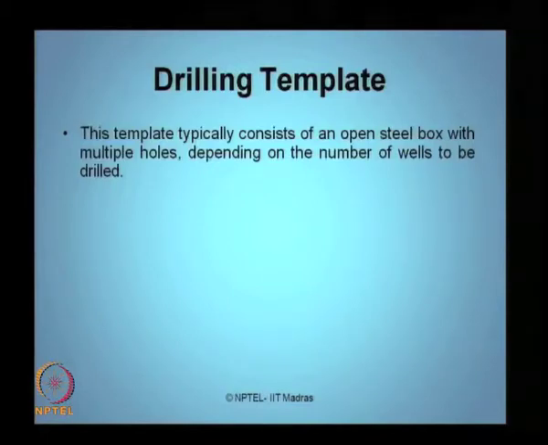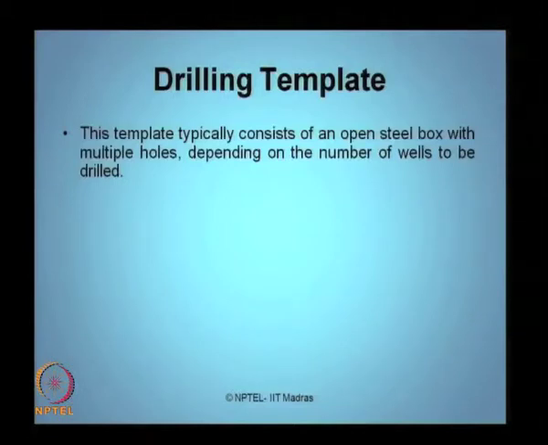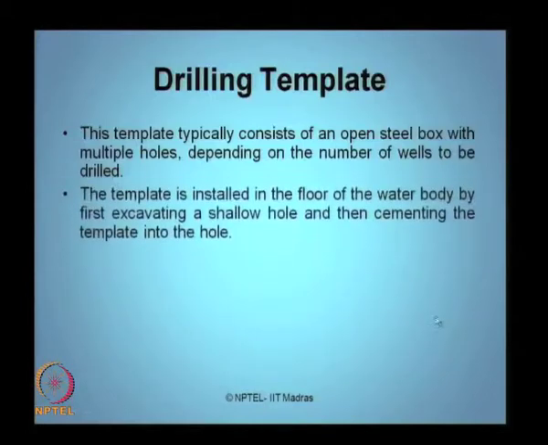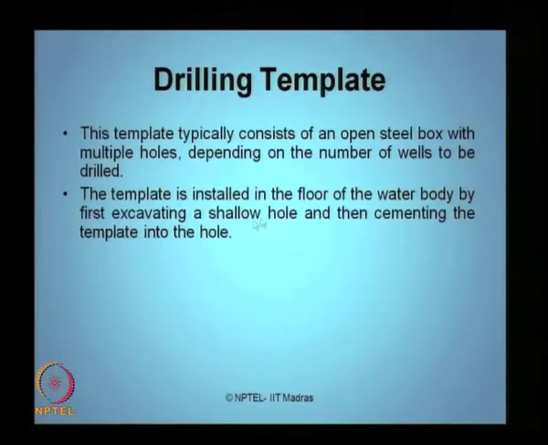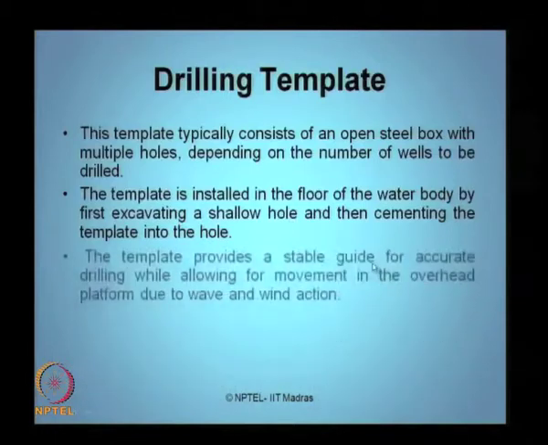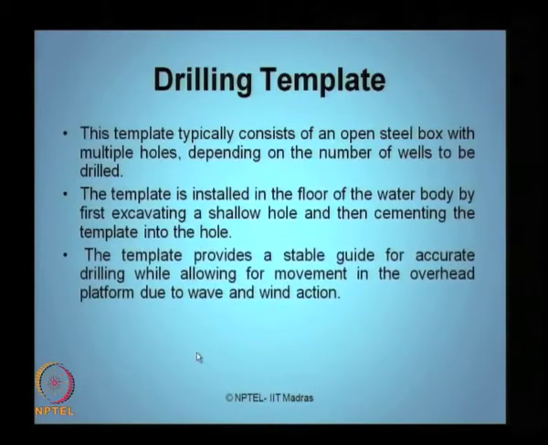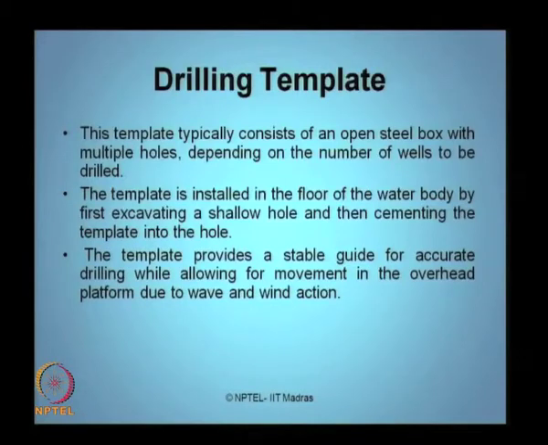So, the drilling template will establish connectivity between the holes to be drilled and the drilling procedure to be carried out from the hull. The template is installed on the sea floor by first excavating a shallow hole and then cementing the template into the hole. The template provides a stable guide for accurate drilling while allowing movement of the overhead platform during wave and wind action.